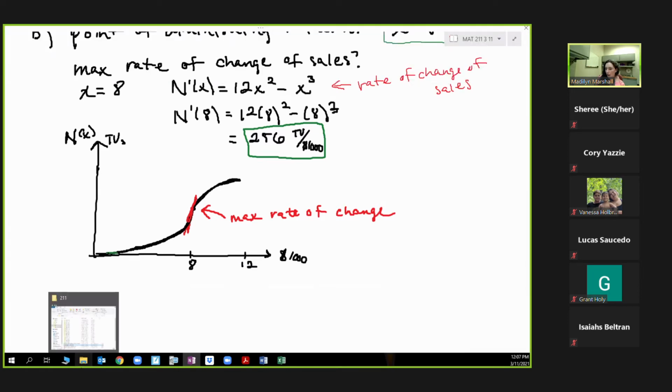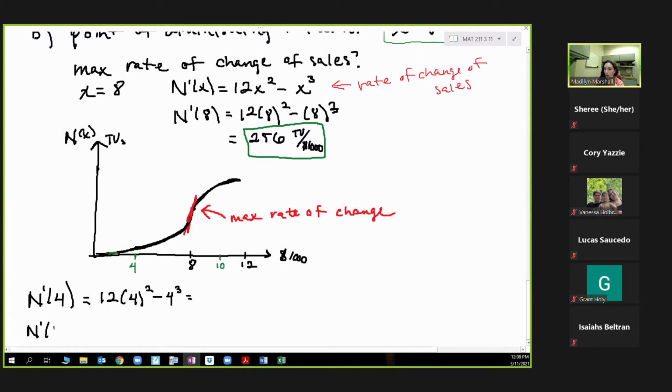Just for fun, this is not part of the problem, but for the sake of seeing what's going on, we could check the rate of change of sales for spending $4,000 and for spending $10,000.